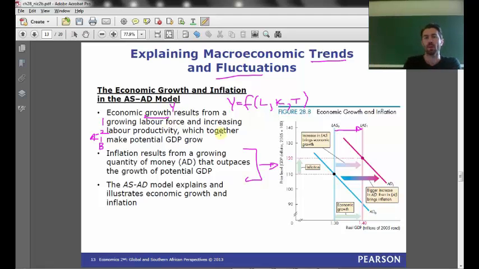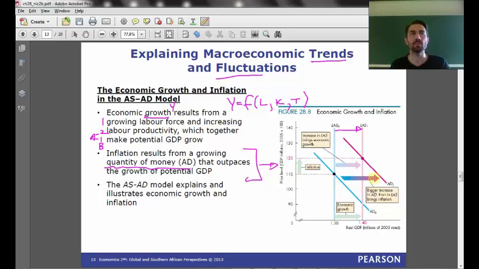Okay? Now, we can also have an increase in aggregate demand. Now, what this statement is saying is that the primary increase in aggregate demand here is coming from a growing quantity of money, which betrays, I guess, in some sense, a sort of ideological bias there. But obviously, if you increase the quantity of money, so we increase the supply of money, we know that that shifts demand to the right.